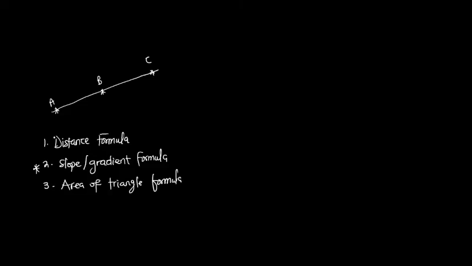Alright, so in this video we'll be looking at the second part, which is the slope or the gradient formula. Now if 3 points are collinear points, it means that the gradient of any 2 of those points should be the same. Let me say that again. If the points A, B and C are collinear, then the gradient of any 2 of these points should be the same.